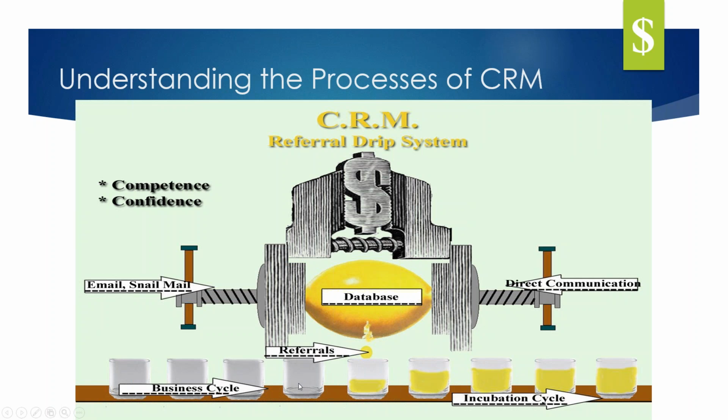So this is the conveyor belt of your business cycle. Your database is in the vise. The squeeze or the pressure on the lemon or on the database in this illustration is coming from your direct communication campaign, your email and snail mail campaigns, and all of your activities and actions of CRM.